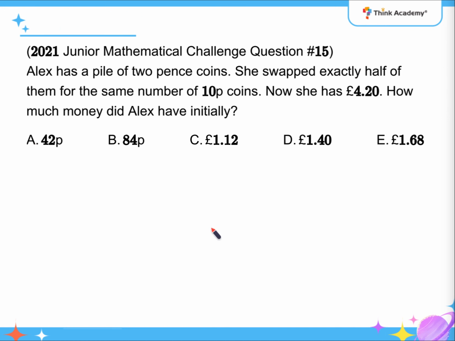And then the last problem is going to be a word problem on money. But to be fair, it's not just any other money problem. It says that Alex has a pile of 2p coins.